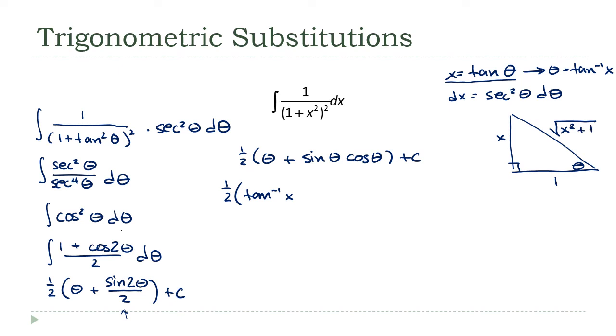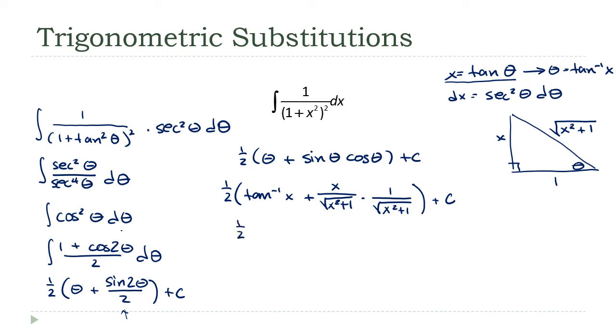Okay, so that means the sine of theta is going to be x over the square root of x squared plus 1. And the cosine is 1 over the square root of x squared plus 1, still plus that constant. And that's it, right?